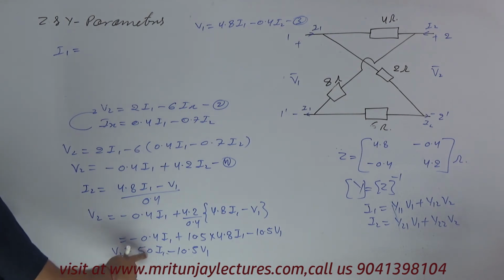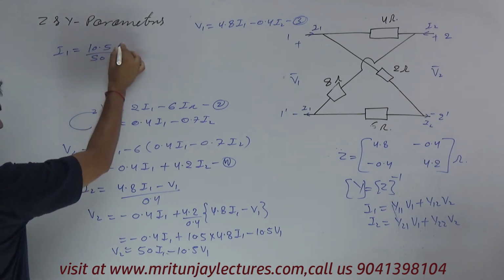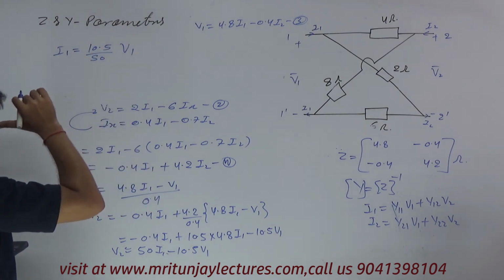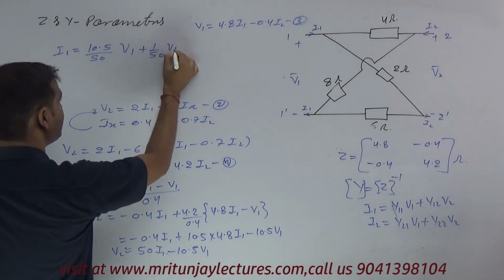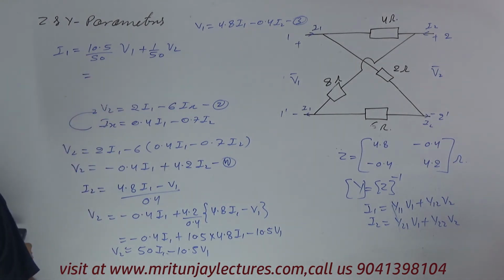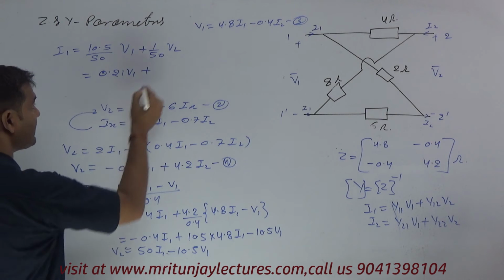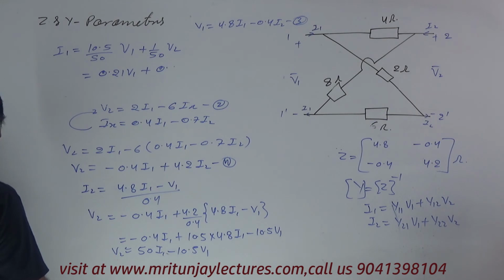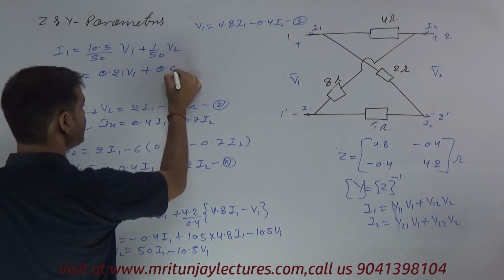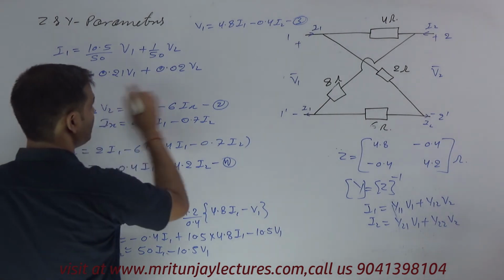So I1 this will equal 10.5 divided by 50 V1 plus 1 by 50 into V2. Okay, so 10.5 divided by 50, we got 0.21 into V1 plus 1 divided by 50, that is 0.02 V2, that is I1. Okay, that is equation number 4.